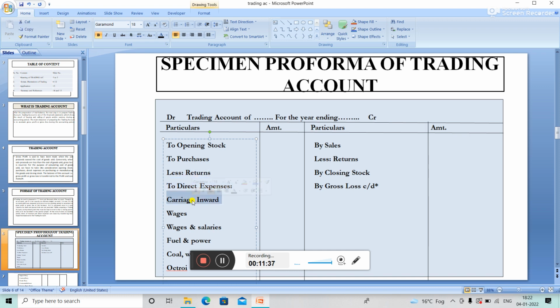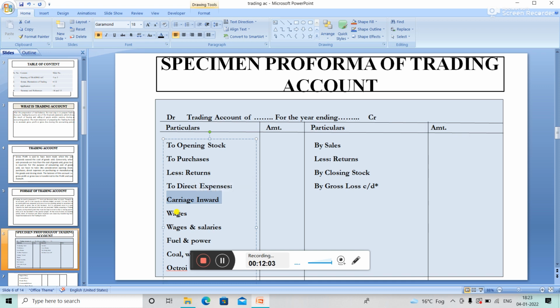Carriage inward is basically the expenses incurred by the organization when bringing the goods to the factory, or to the place of the business house. So this is directly related with the purchases. I hope this is clear.